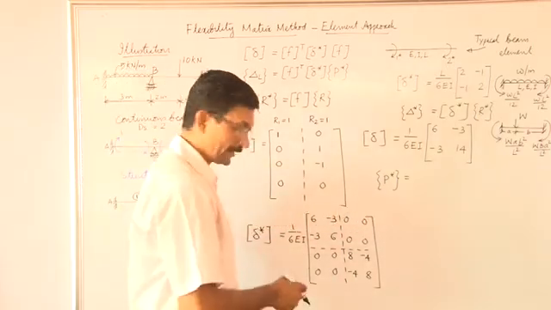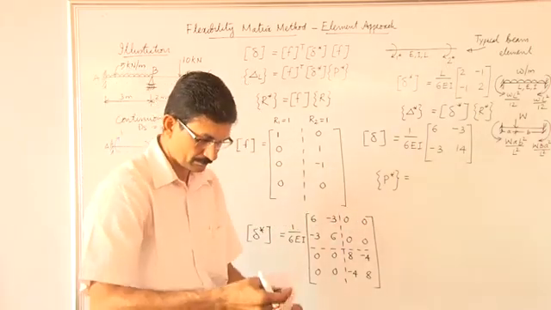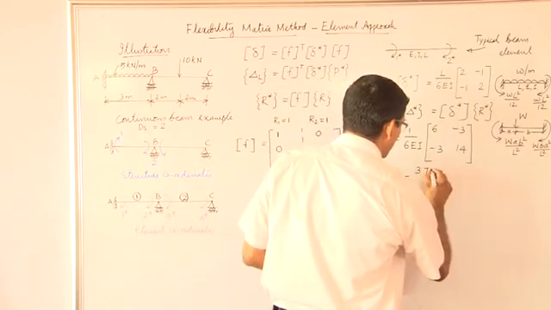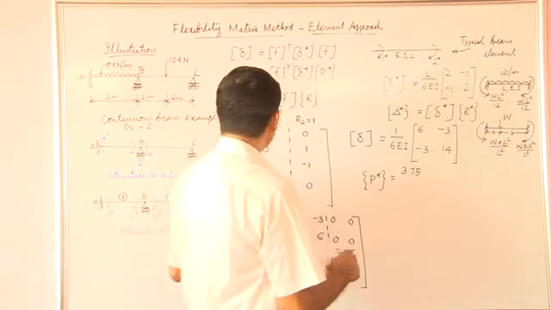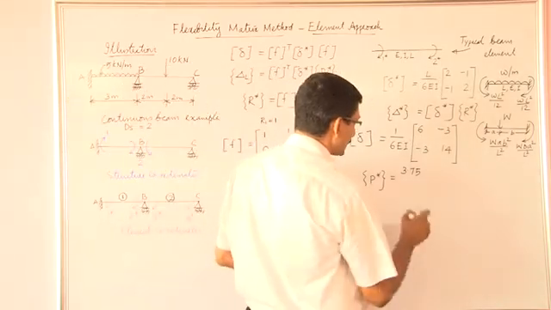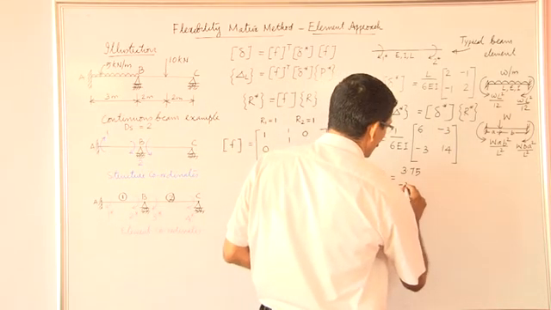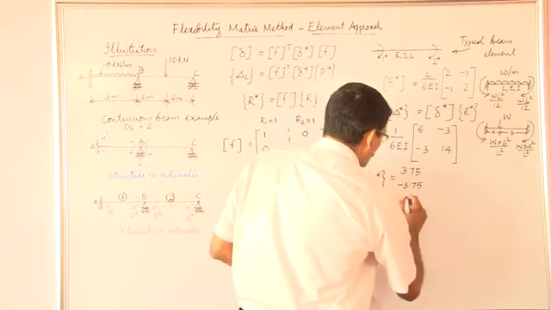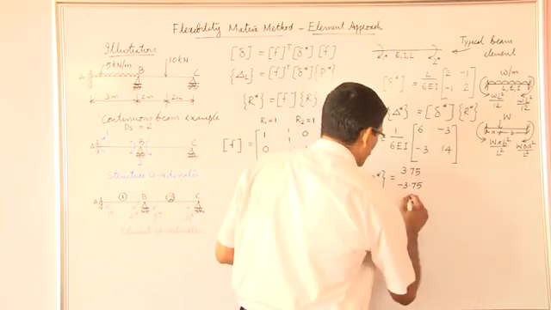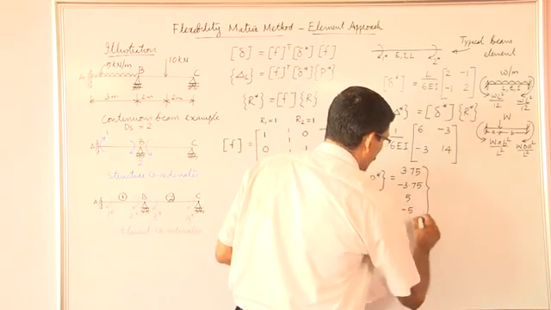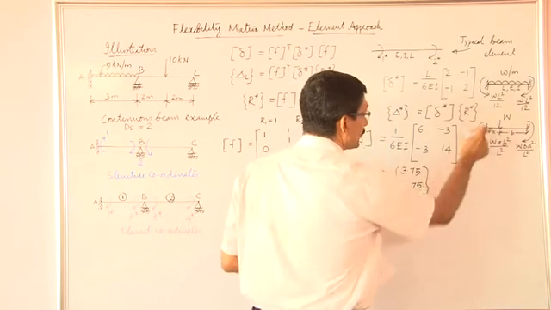So P star would contain 3.75. The moment which was anti-clockwise here is applied clockwise, and moment which is clockwise at the other is applied as anti-clockwise, minus 3.75. For this span, 5 and minus 5. Following these relations.